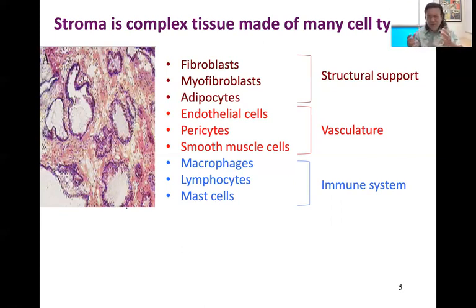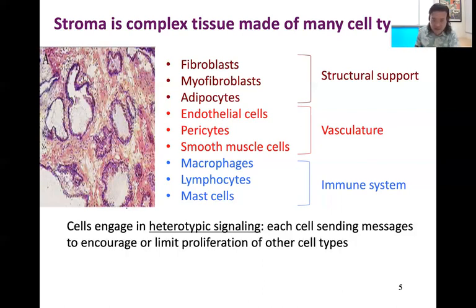So if you have all these different cell types coexisting in the same tissue environment, you have to imagine there's a lot of complicated cell-to-cell communication going on, right, in order to maintain this happy, normal, balanced environment. These communications between different types of cells, we in general call heterotypic signaling.